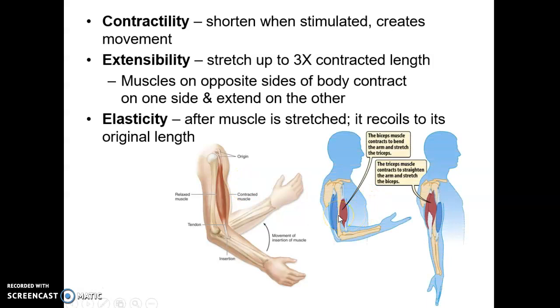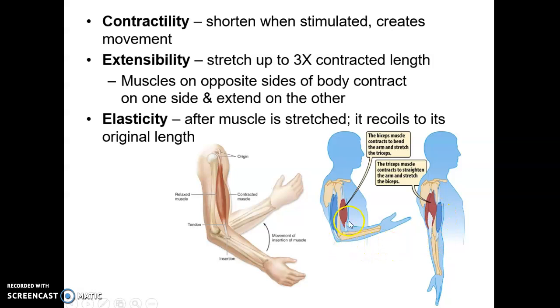Here's the concept of muscles working in opposition to each other on opposite sides of structures, so that if one muscle contracts, the other muscle extends on the opposite side. When the roles are reversed and the muscle on the back side of the arm, for example, the triceps brachii, contracts, then the biceps brachii will get pulled, extended.